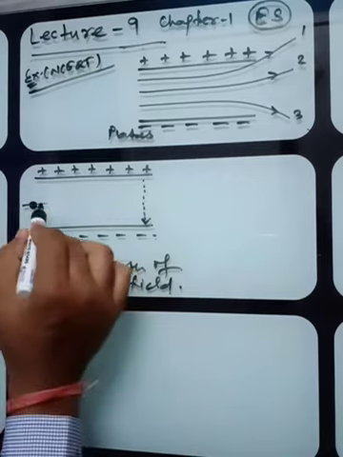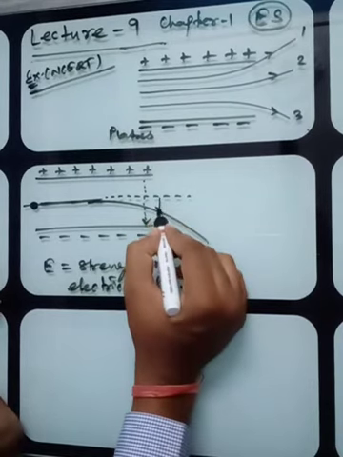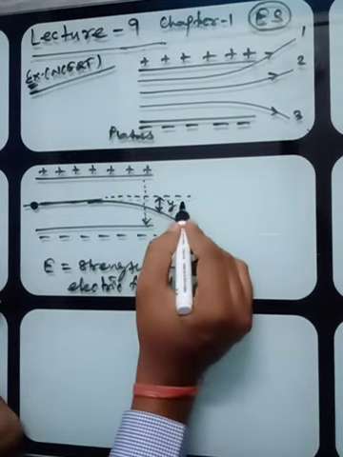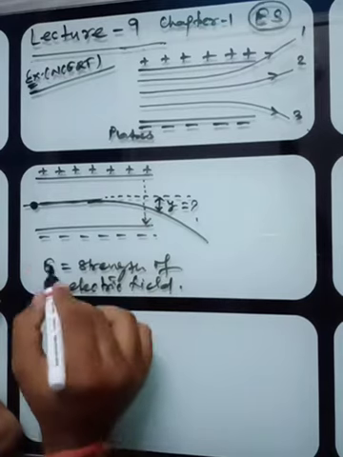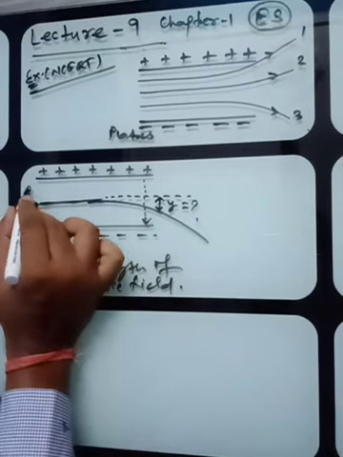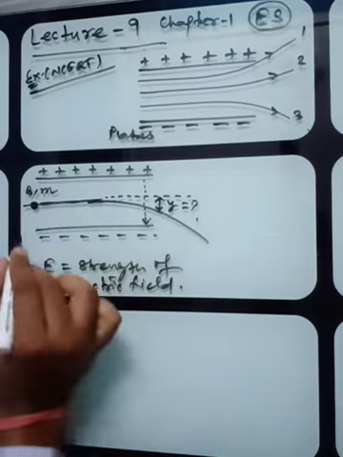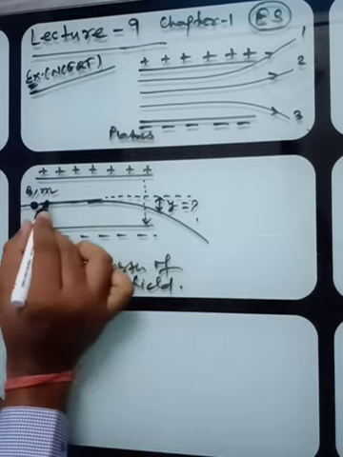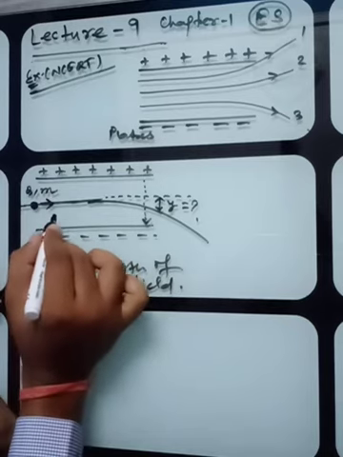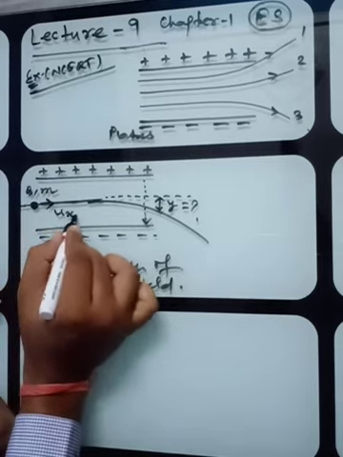This was the actual path. You have to find the vertical deflection. What will be the vertical deflection? The charge is Q, the mass is M, and it is projected with initial velocity ux.